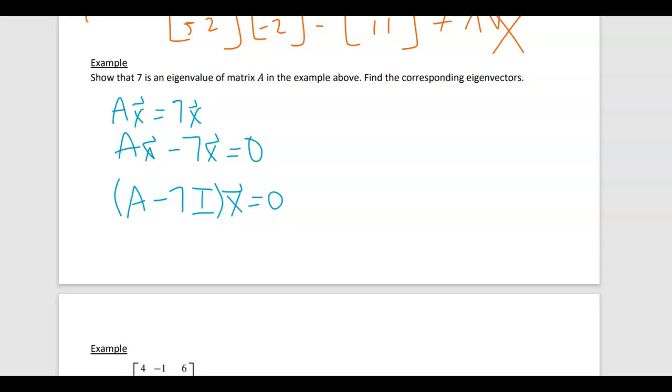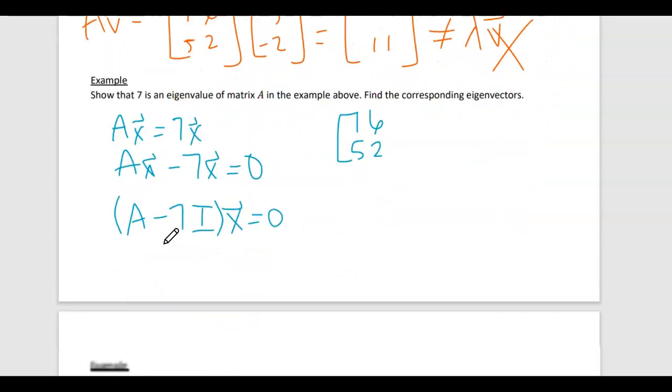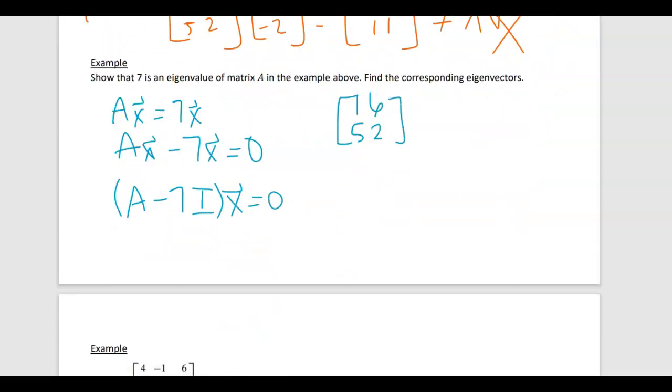So let's do A: 1, 6, 5, 2. Let me double check that I've written that down correctly. 1, 6, 5, 2, yes. Minus 7I. I guess in this case, I do know that A is a 2 by 2, but just in general, when you use this formula and use these steps, you'll always do those steps to show eigenvalues and then find eigenvectors, okay?